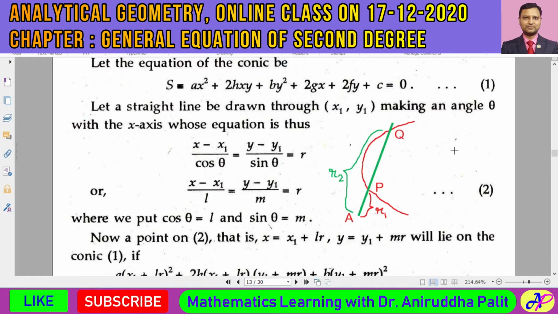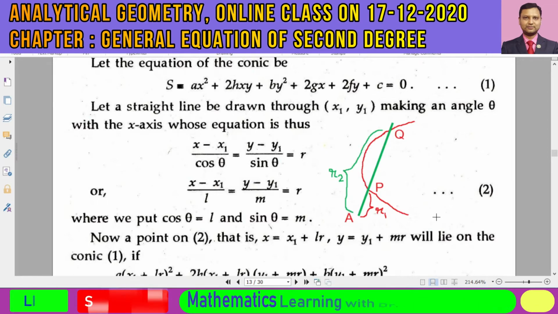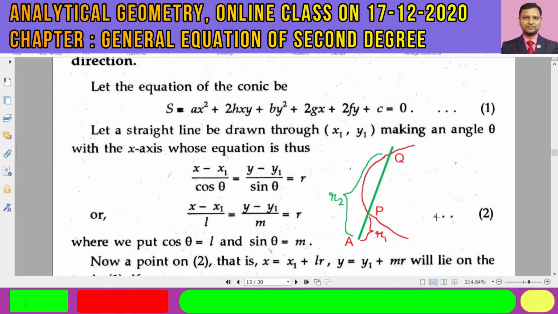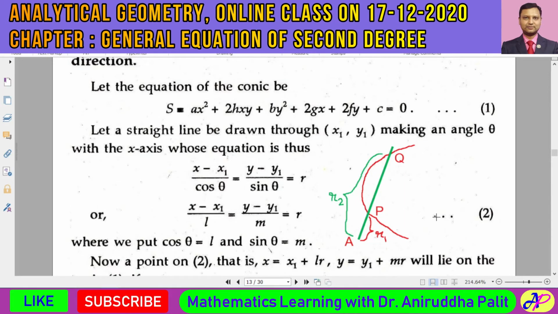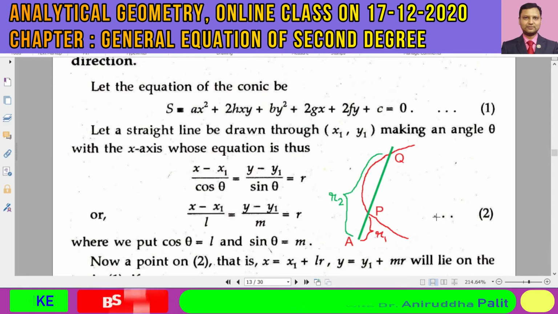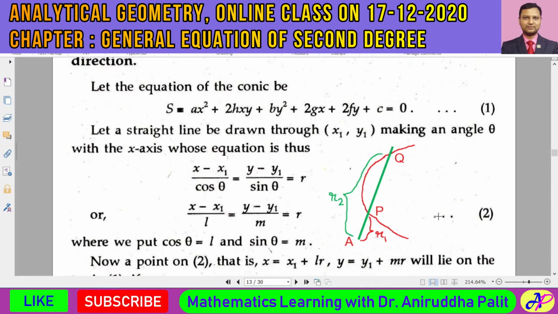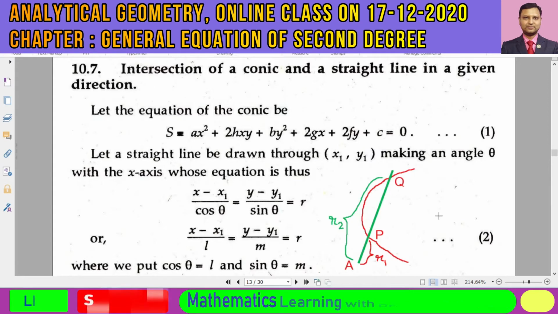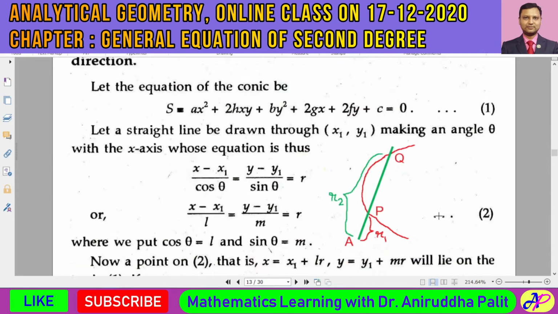So this is the proof that a straight line may intersect this kind of curve at maximum 2 points. Now from this idea, I am trying to deduce the equation of tangent. And if we get the equation of the tangent, we will be able to get the equation of normal as well. Now how to deduce the equation of tangent?